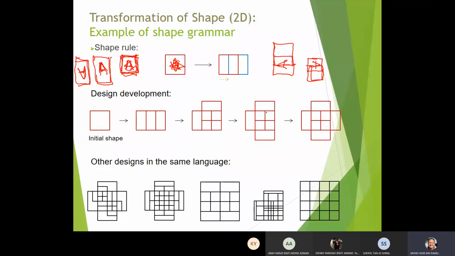When you keep applying the rules in different orientations, you would eventually create four smaller squares inside. Then after that, you can apply the rules to the smaller squares. So that's how you derive all these design options.